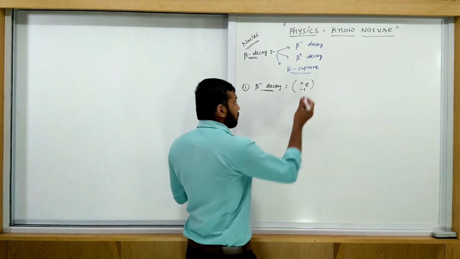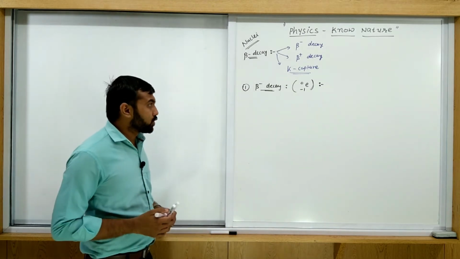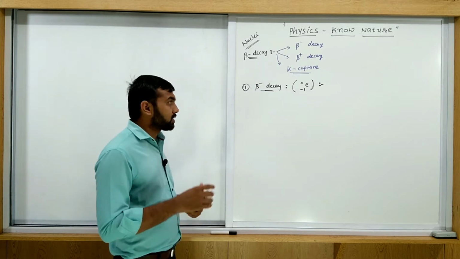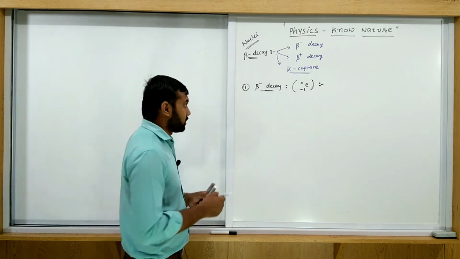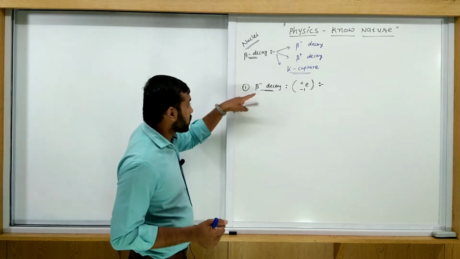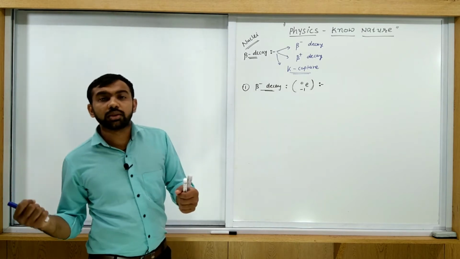So what happens in the case of beta minus decay? Let's understand the situation and write a nuclear reaction. Consider you have some nucleus which releases beta minus decay. How does the electron come out of this nucleus?